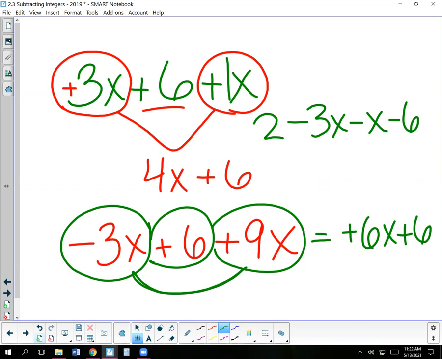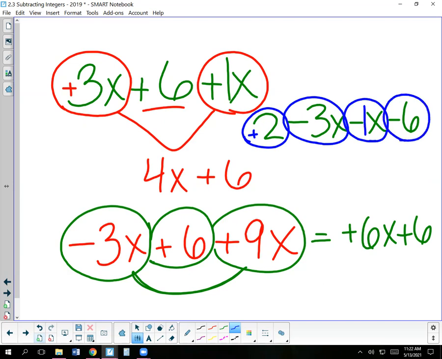What would it be? So, what's the sign for the 2? The sign for the 2 is positive. What's the sign for the 3? Negative. This would be a negative what? 1x and a -6. Remember I told you you have to write -6 as a constant?